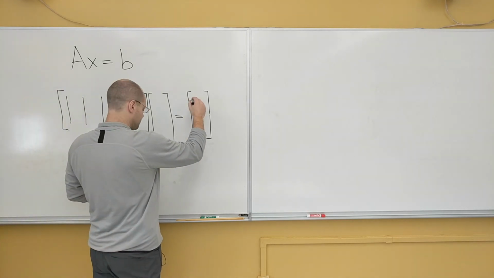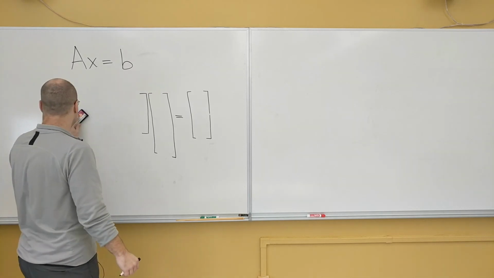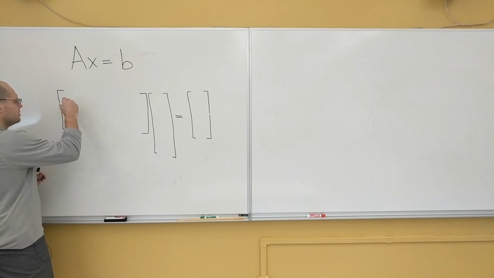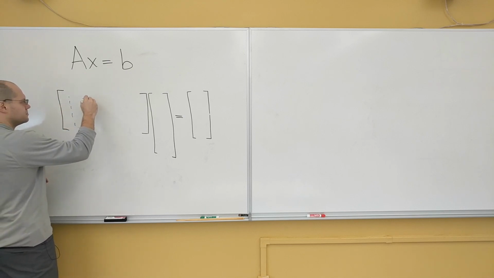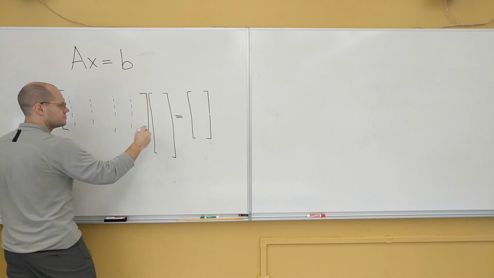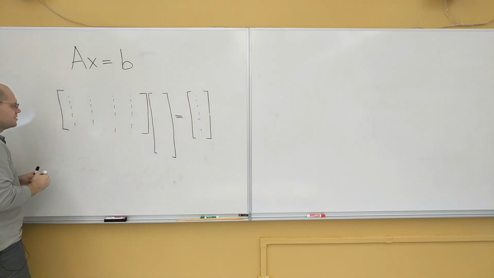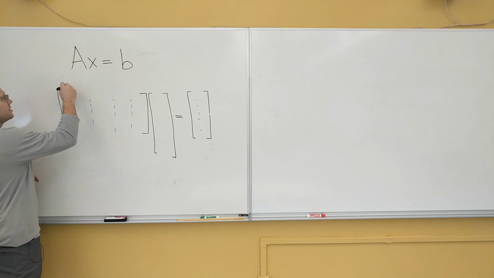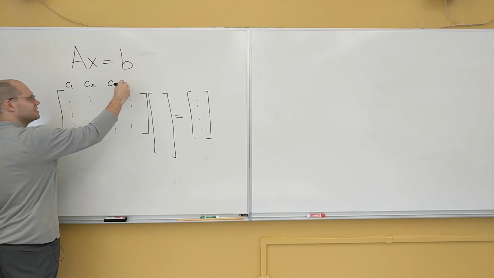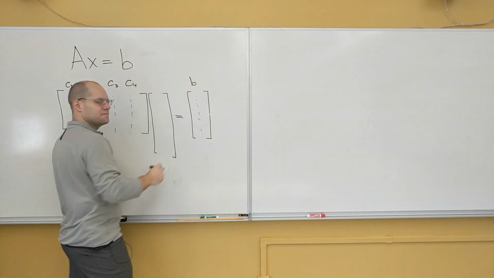This is b, different color. We have the luxury of colors, might as well use it. And here is b. Okay, so we have 4 columns, c1, c2, c3, c4, and a right-hand side b.